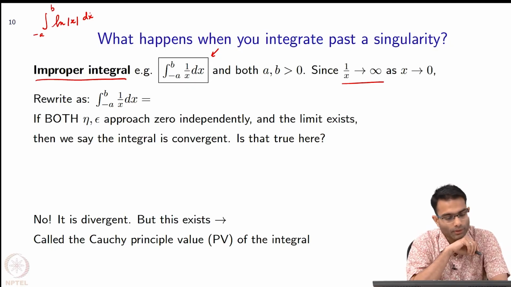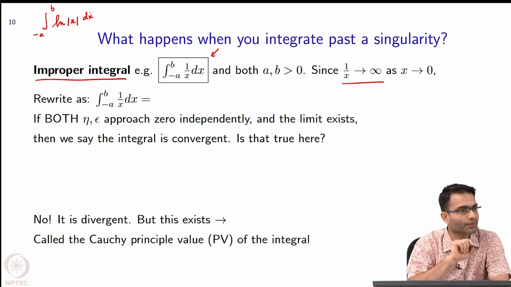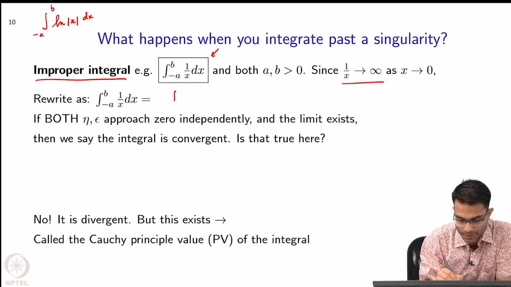So, in order for you to answer whether or not this integral is convergent or divergent, this is again a bit of revision from calculus. What you should do is break this up as minus a to eta, 1 by x dx, plus epsilon to b, 1 by x dx.